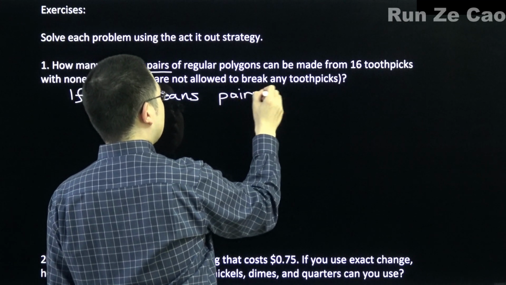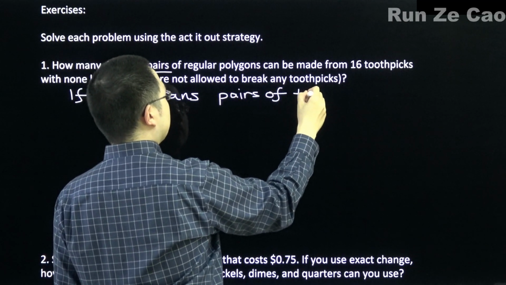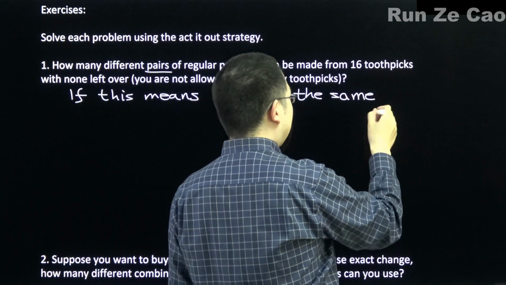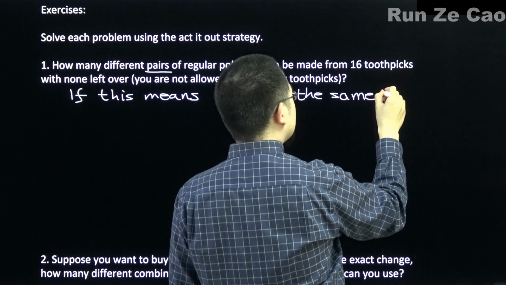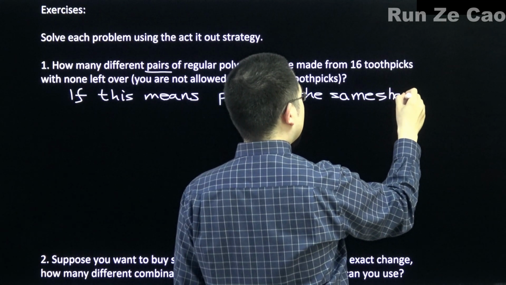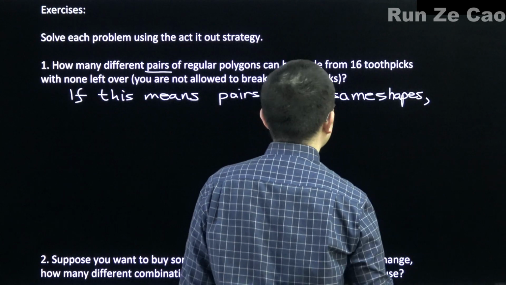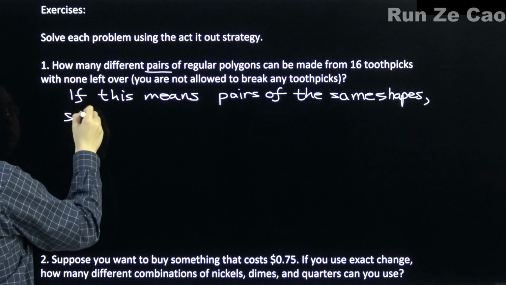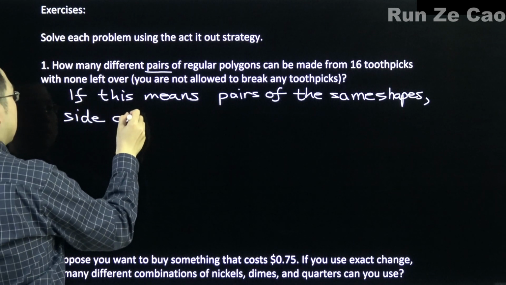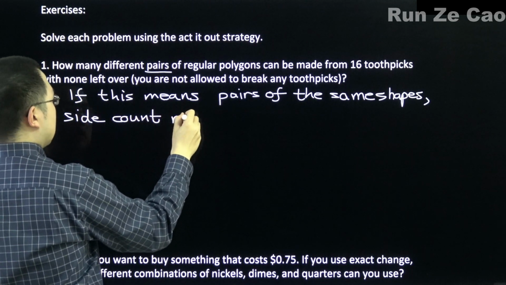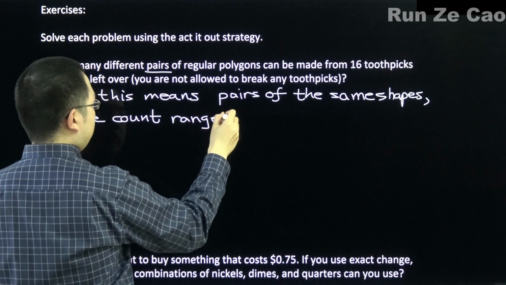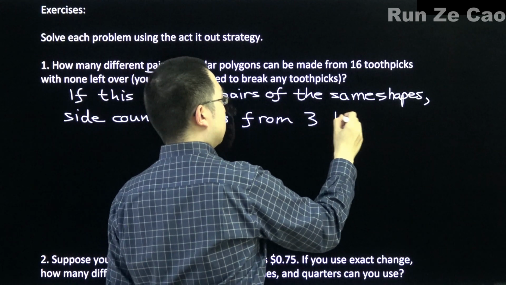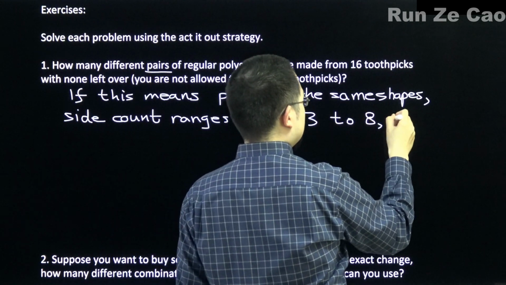Pairs of the same polygons, which is usually the context that you get when you talk about pairs of something shapes. The side count ranges from 3 to 8.